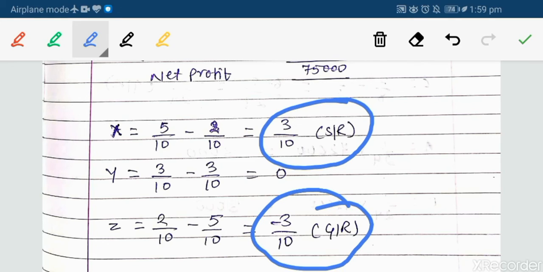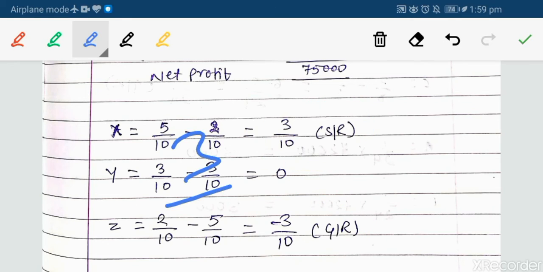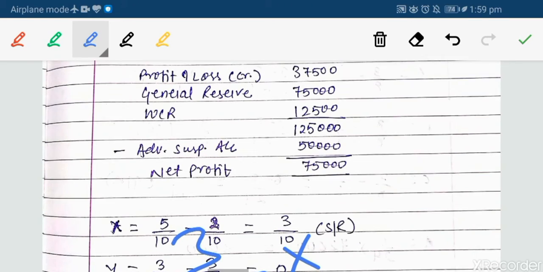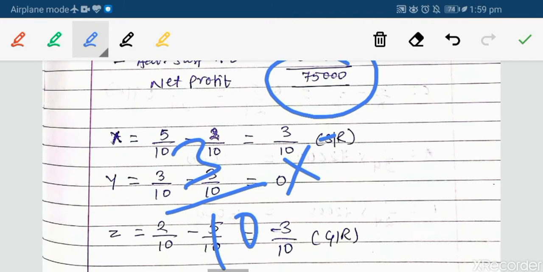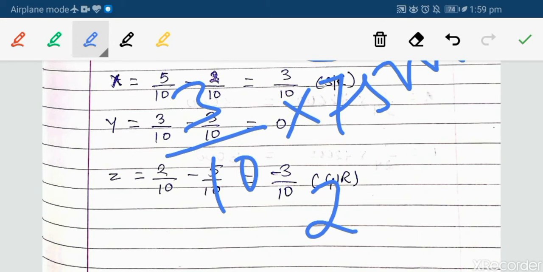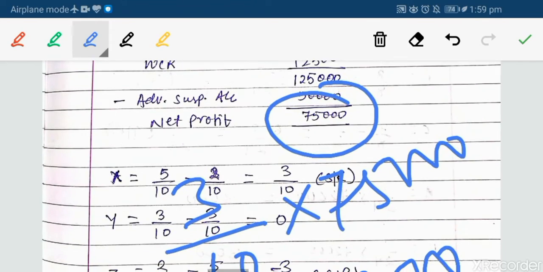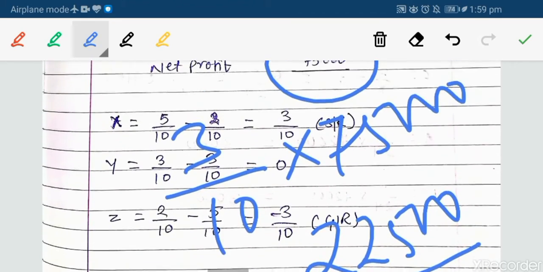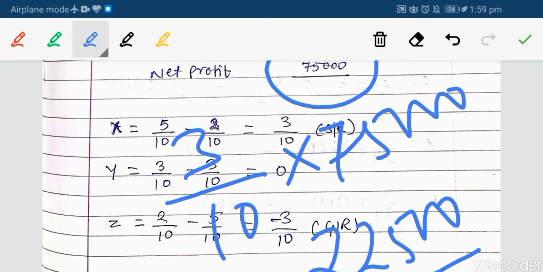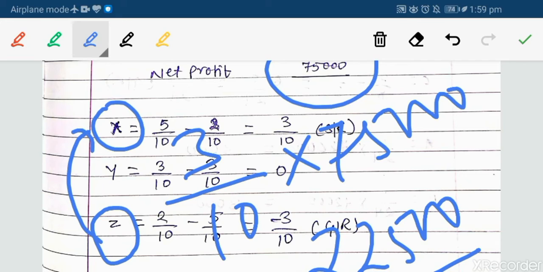So we multiply this 3/10 by the net value, that is 75,000, which comes to 22,500. This 22,500 will be given to X, and it will be taken from Y, sorry, not from Y, it will be taken from Z. So we have to be very careful.